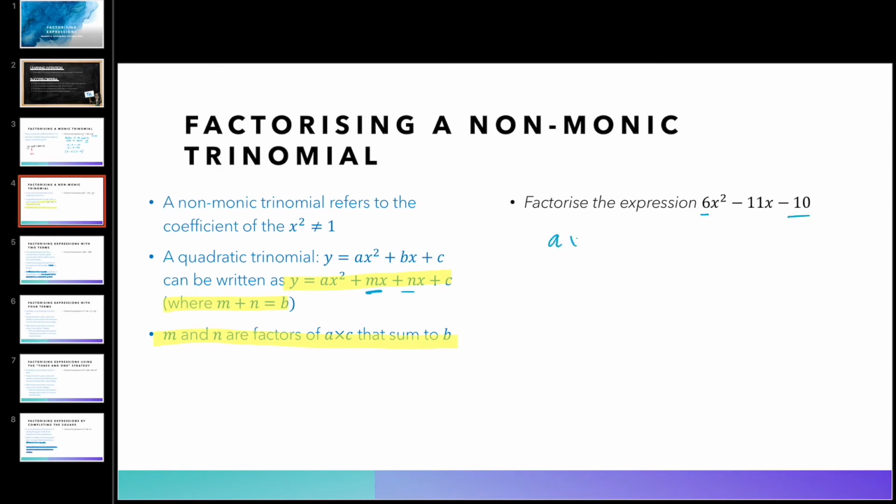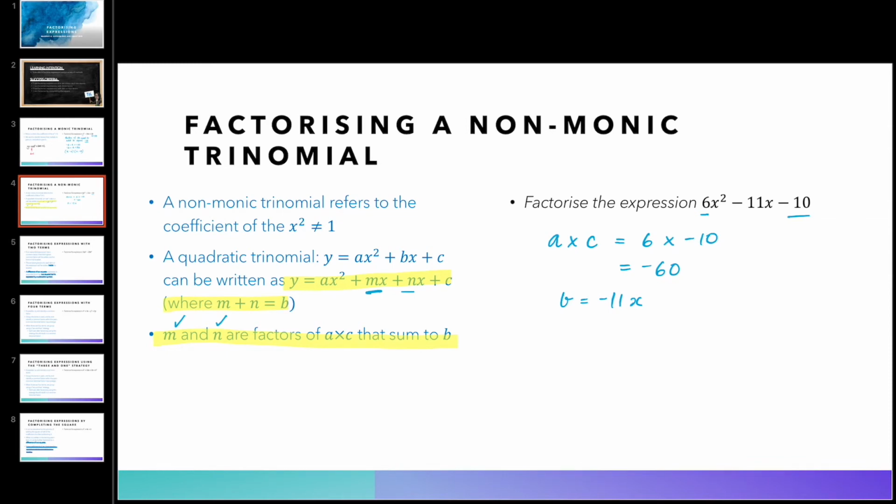So a times c is 6 times negative 10, which gives us negative 60. We then need to identify the factors m and n that add to b. At the moment, b is negative 11x. So we need to identify the factors that multiply to give us negative 60, but will add to give us negative 11.